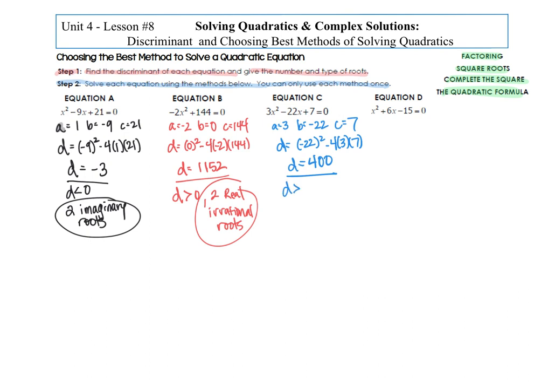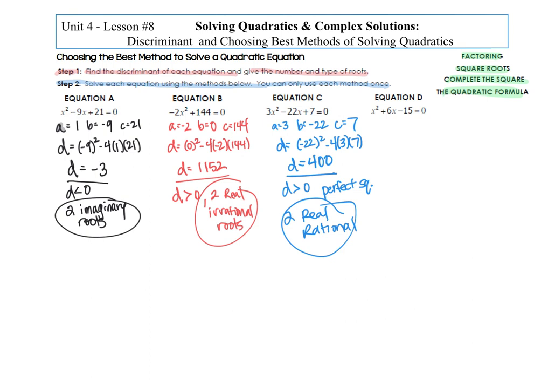So our D value is greater than 0. If we take the square root of 400, we get 20. There's no decimal and no radical, so it is a perfect square. That means we're going to get 2 real rational roots, based on the code from the front side of your notes. That's where I'm getting this information from.